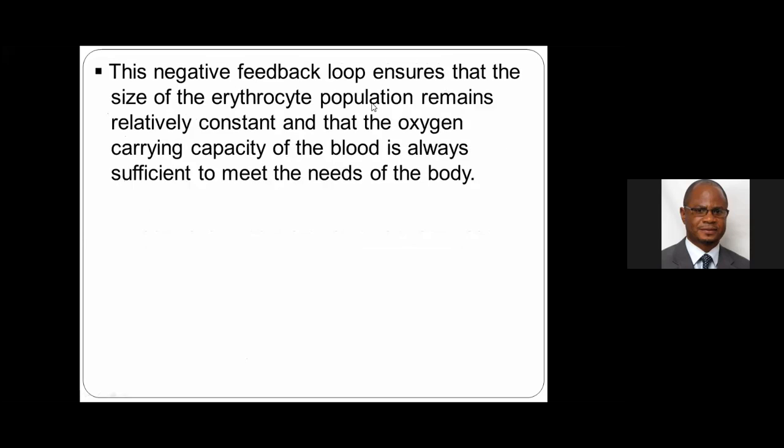So the negative feedback ensures that the size of the erythrocyte population remains constant. Otherwise, you produce red cells excessively. Okay, so your concentration level is abnormal because you continue to keep producing them.